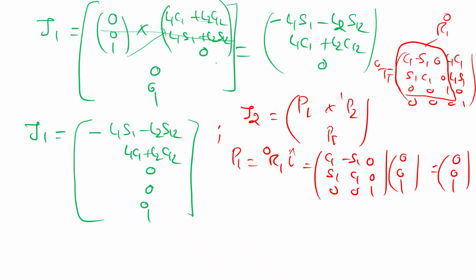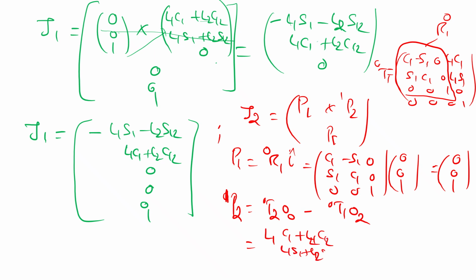So this is my P10. Next I need to calculate P21. The P21 formula is T20 O0 minus T10 O2. Already we have found this in the previous slides. So it is L1 C1 plus L2 C12, then L1 S1 plus L2 S12, then 0, 1.